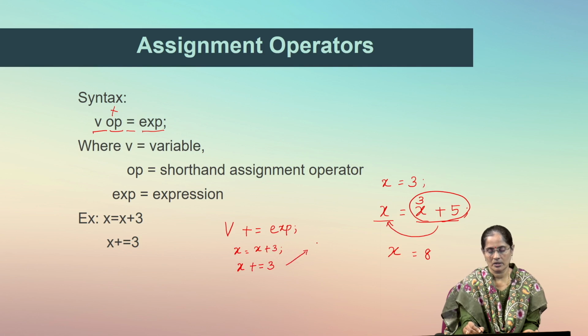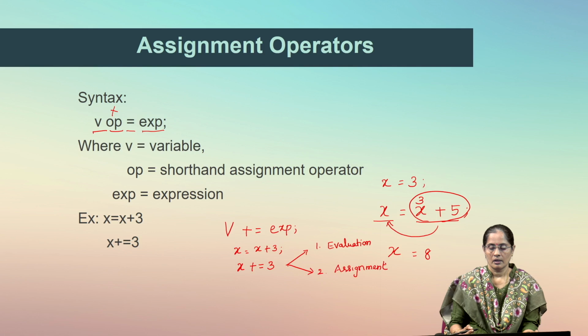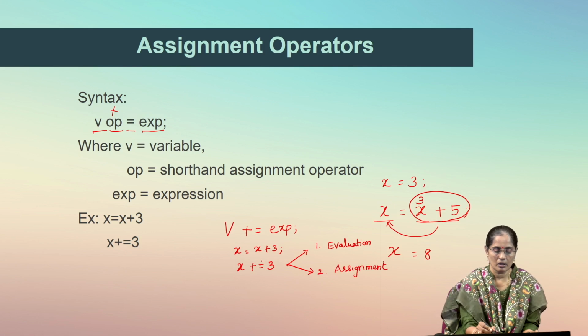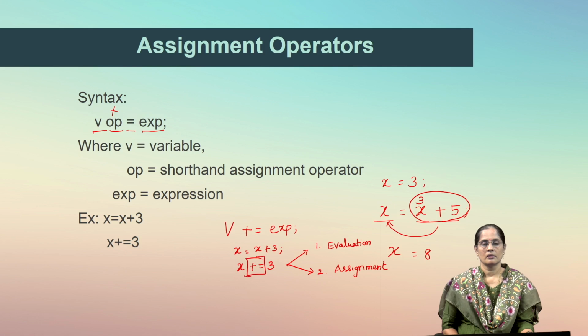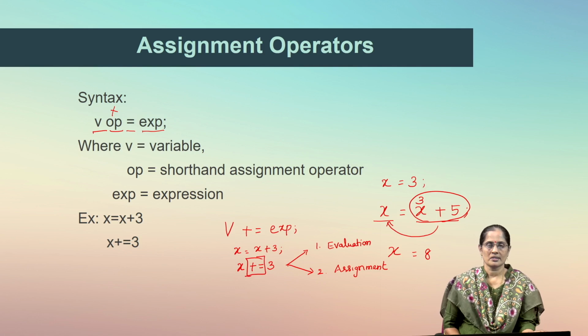The first operation will be the evaluation of the expression and the second operation will be the assignment. So, these two operations together can be interpreted with the single operator called the shorthand assignment operator. So, plus equal to now remains as the shorthand assignment operator.